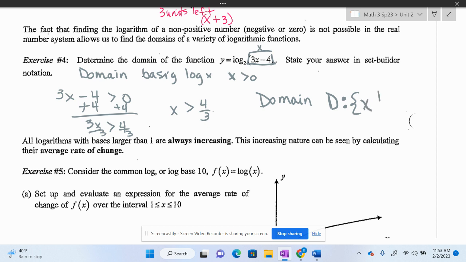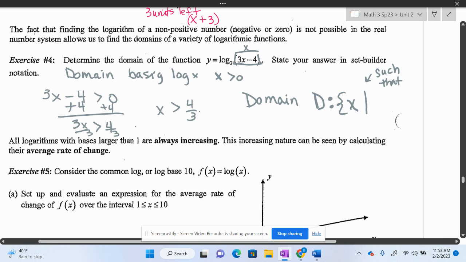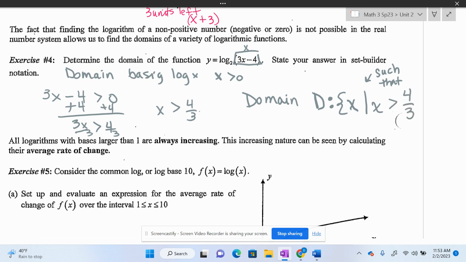X, and then we put a straight line, and that straight line means such that. Such that x is greater than 4/3. And I close my set. So this says the domain is x such that x is greater than 4/3. That's how you read that.